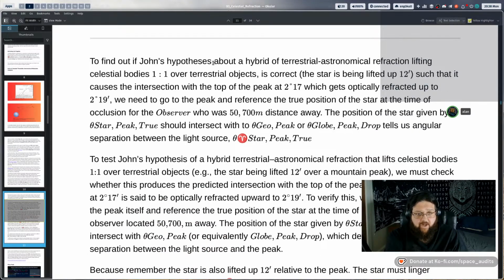To find out if John's hypothesis about the hybrid of terrestrial and astronomical refraction lifting the celestial bodies 1-to-1 over terrestrial objects is correct, the star would have to be lifted up by 12 arc minutes to cause that peak to intersect at 217, which optically gets refracted up to 219.